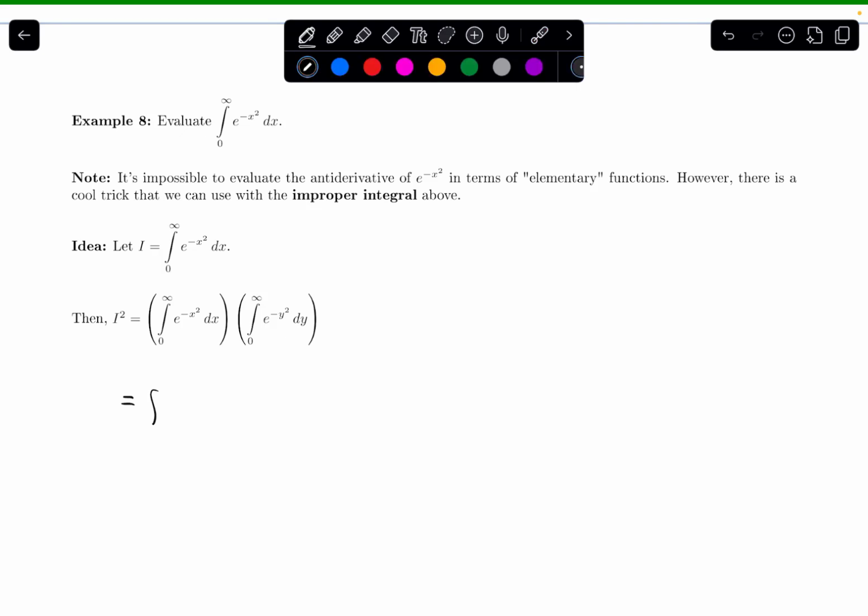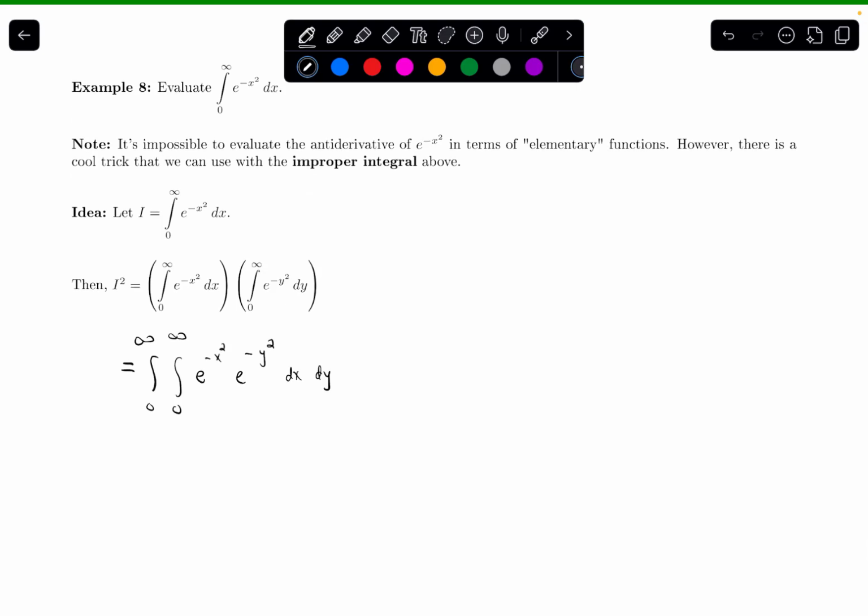This is the opposite of decoupling them. So 0 to infinity, and then the other one 0 to infinity. Multiply the functions, e to the negative x squared times e to the negative y squared, and then dx dy. So we're reverse decoupling to combine them.